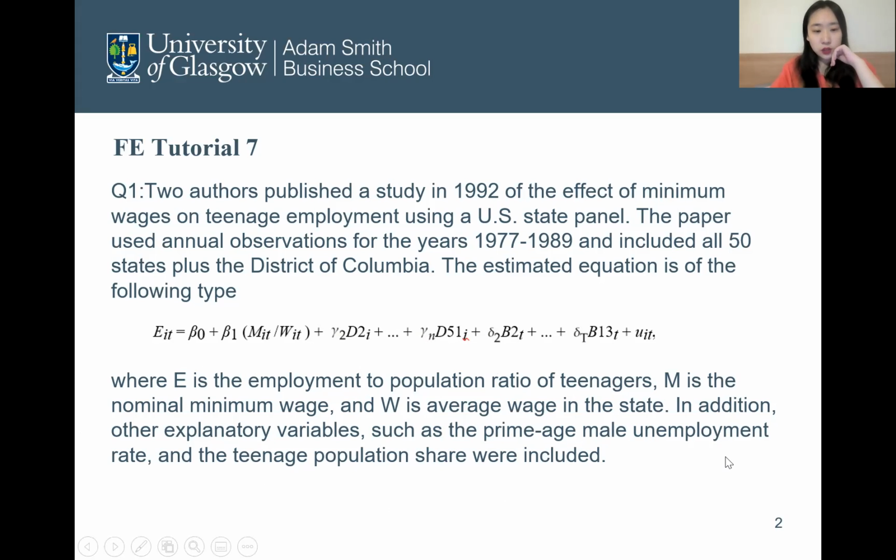In addition, other explanatory variables such as the prime age male employment rate and the teenage population share were included. So we just explain the main variables, the dependent variable and the independent variable, and the others they just give you as examples.